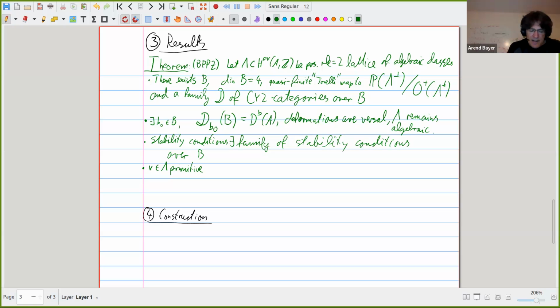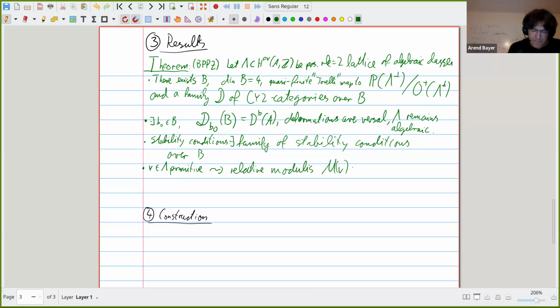And in particular, for every primitive class in lambda, this notion of stability condition in a family always comes with a relative moduli space of stable objects.